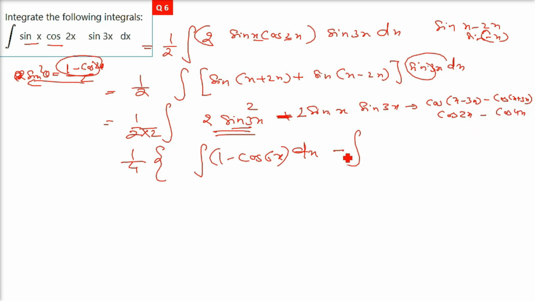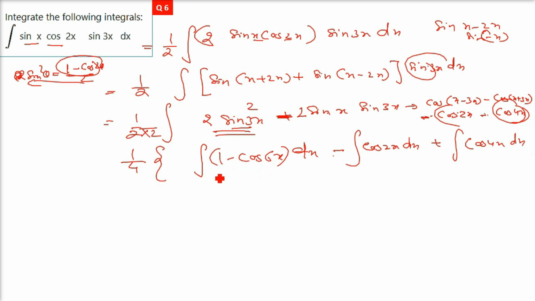Now let us separate them and then write. Please remember, negative is outside. So the first term will remain negative, but the second term will be positive. That's why I'm writing positive. So integration of cos 2x, negative, and plus integration of cos 4x, because negative was outside. That's why the first term remained negative, and the second term in between becomes plus. So plus cos 4x dx, and 1 minus cos 6x dx.